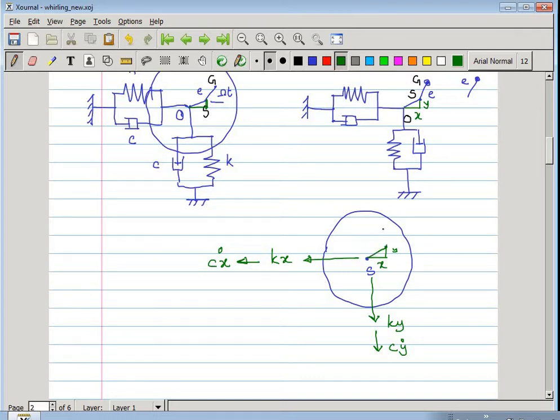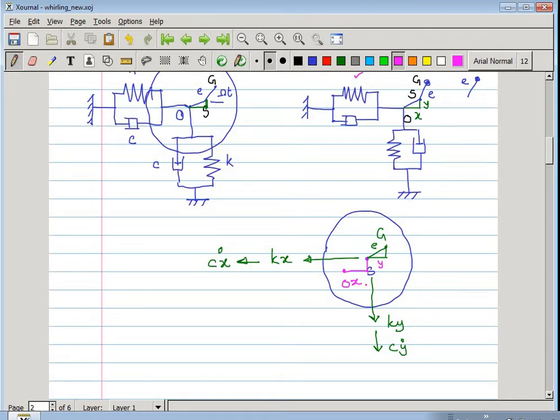So this is the center of mass and this is E. Sorry, this is not X and Y. X and Y actually are from here. Let me draw it in some other color. So yes, this is the undeformed center line. This is X and this is Y. So the disc is subjected to a force Kx due to the deformation of this spring.